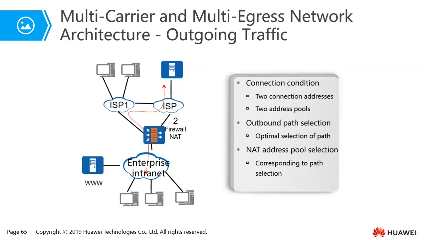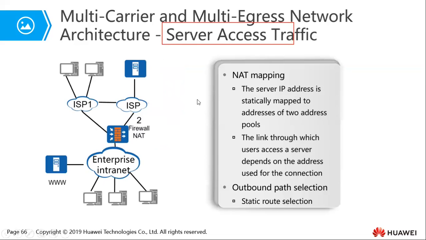Okay, sorry, I didn't mention here we were focusing on the outgoing traffic, so traffic from our internal network to the internet. So in the next slide, we are focusing on the server access traffic, meaning those people that want to access our internal server.